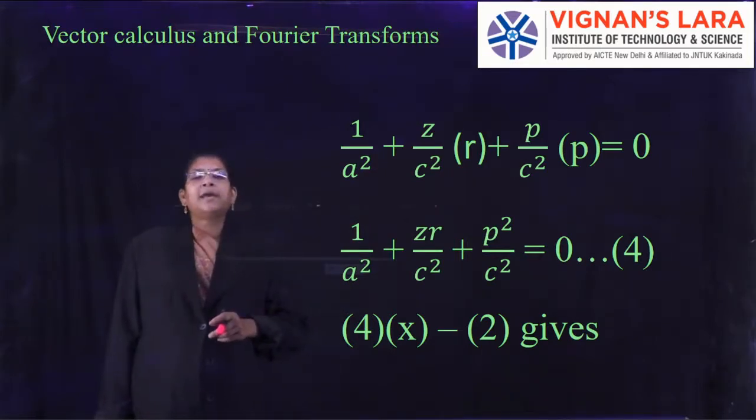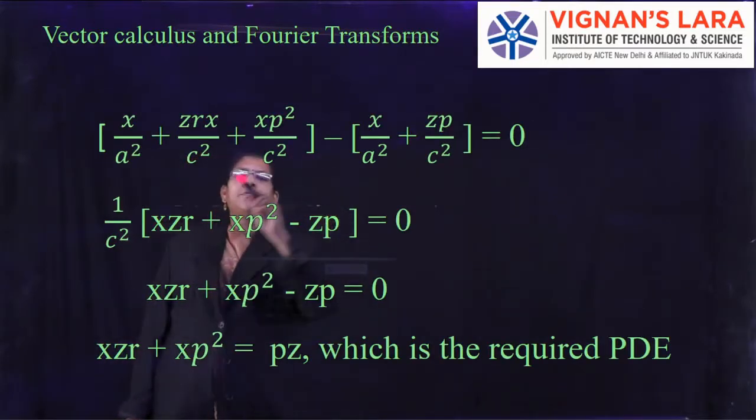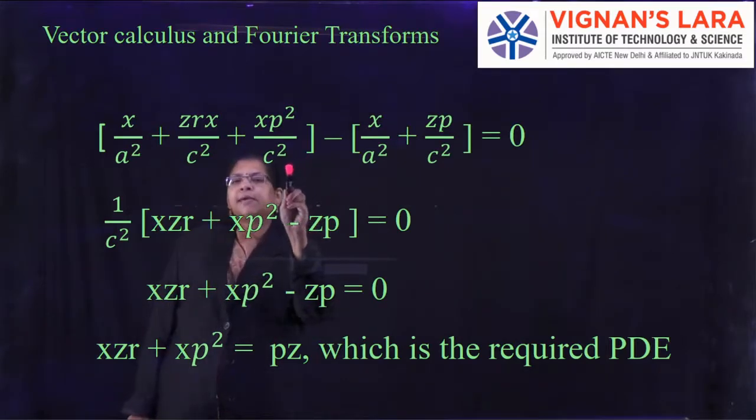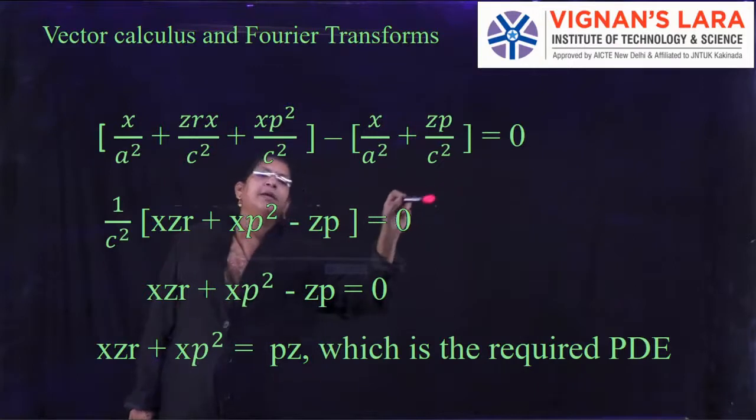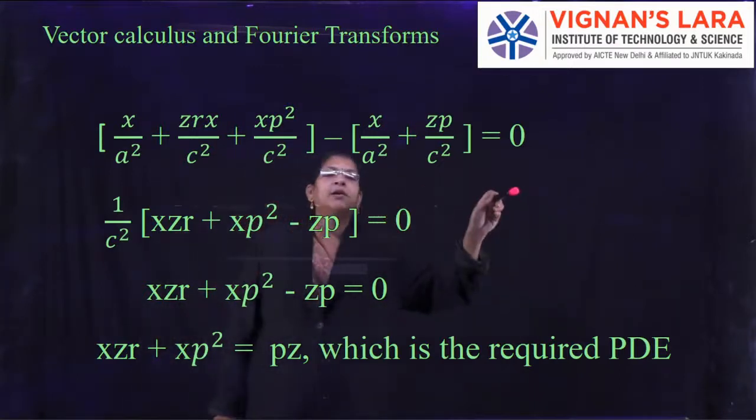So now we apply 4 into x minus 2: x/a² plus zrx/c² plus xp²/c² minus, what is equation 2? x/a² plus zp/c² equal to 0.